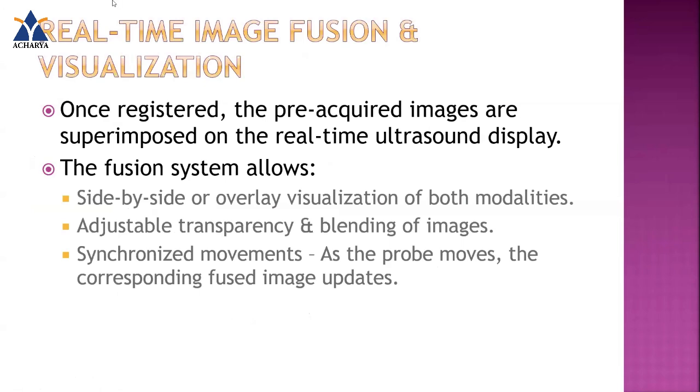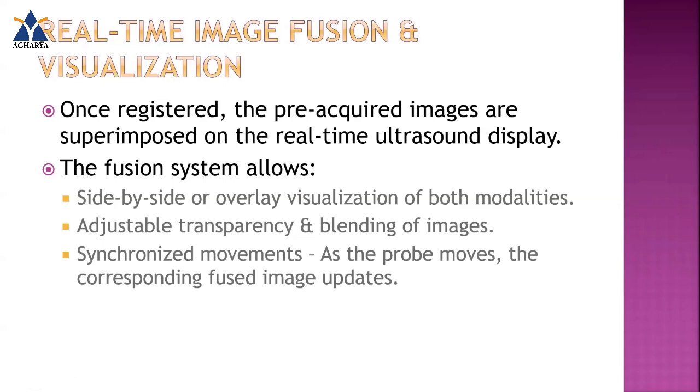The next step: once the registration is done, the pre-acquired image is superimposed on the real-time ultrasound display. The fusion takes place by three methods: side by side, adjustable transparency blending of images, and synchronized movements. So in the first step, we get the images taken by different modalities, CT, MRI, SPECT.